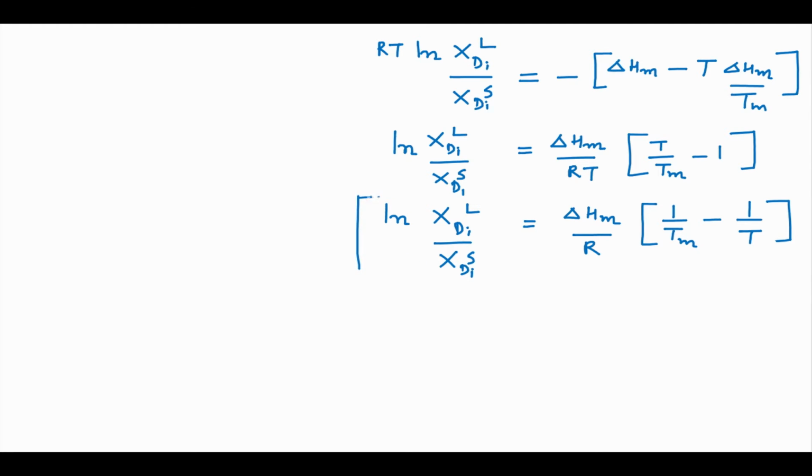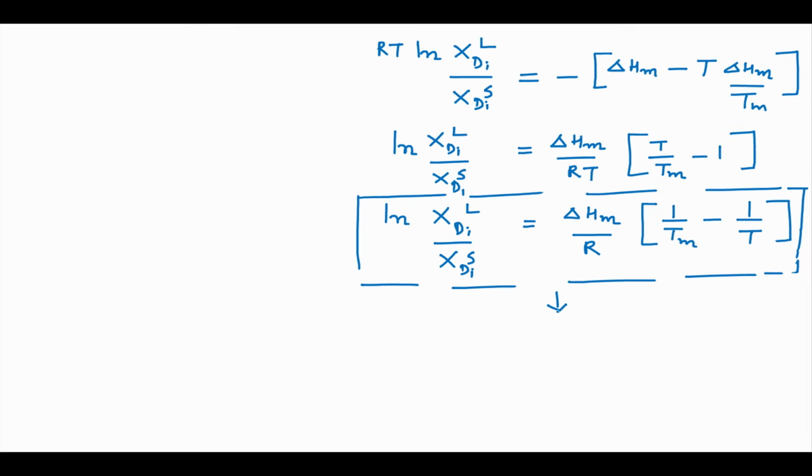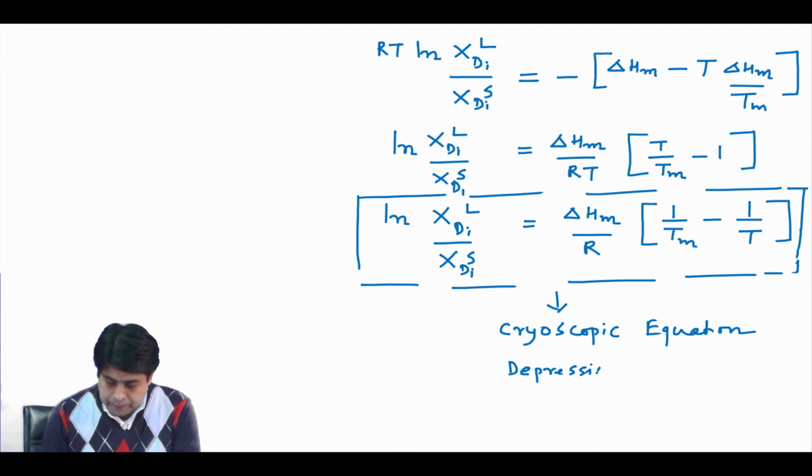Okay. So, if you see this equation, this equation is called as a cryoscopic equation. This is also known as a depression of freezing point or melting point.